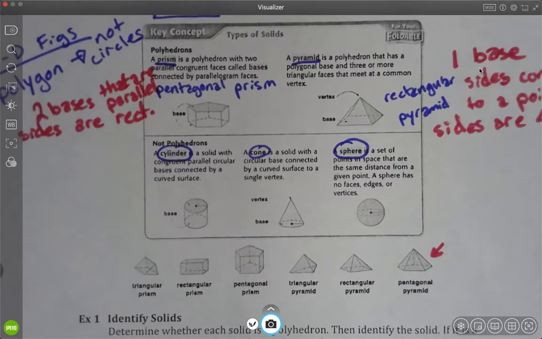Put all the prisms over here and the pyramids over here. Prisms, pyramids, non-polyhedrons.